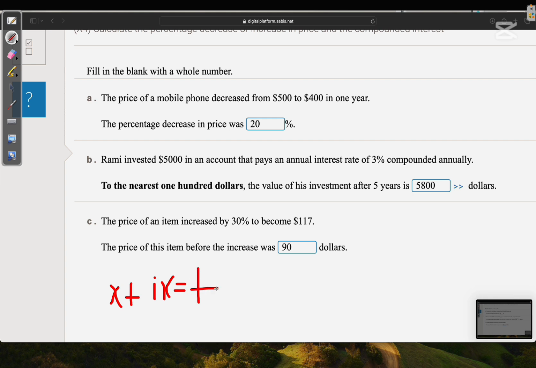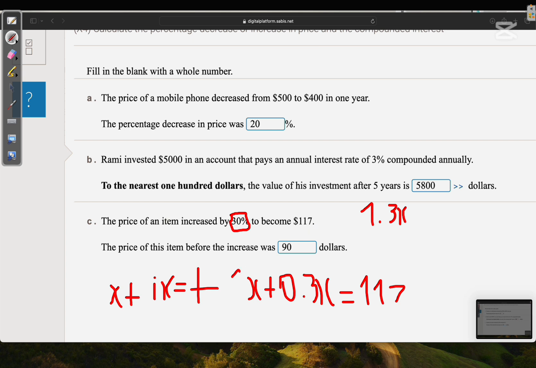Here I is 30% or 0.3. So X plus 0.3X is equal to 117. So 1.3x is equal to 117 because we add up. So we do 117 divided by 1.3, which is equal to 90. Okay.